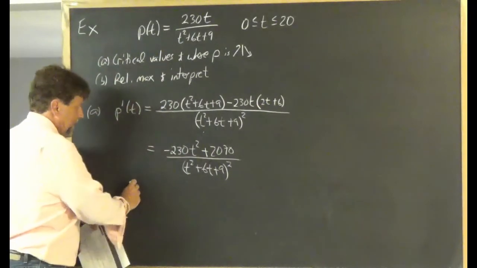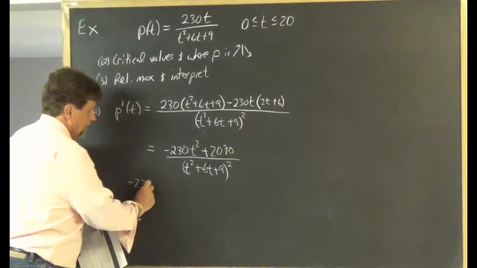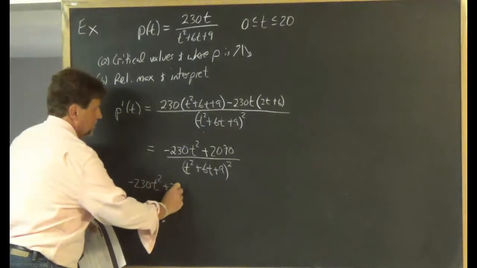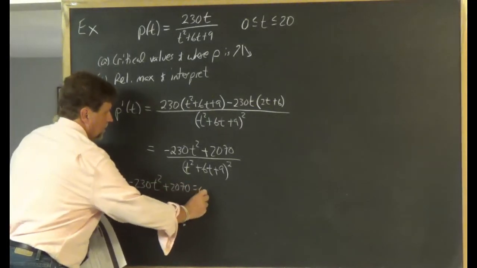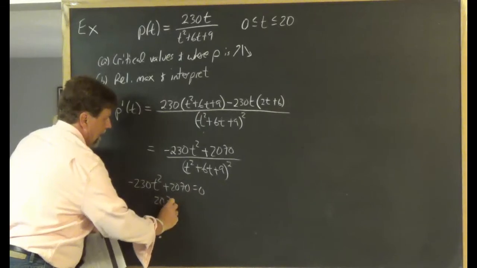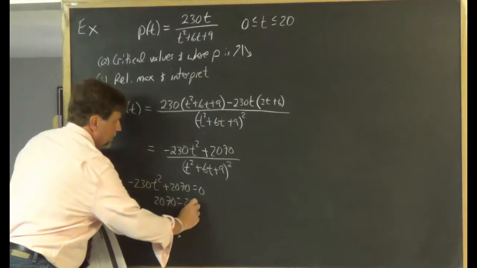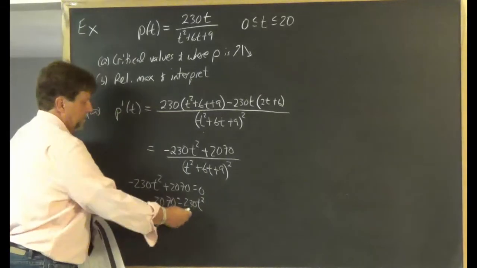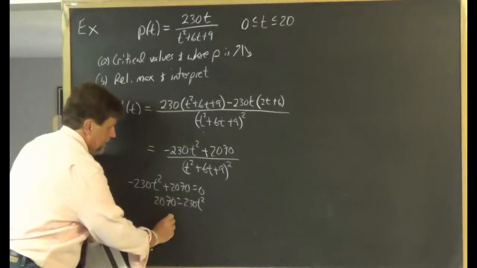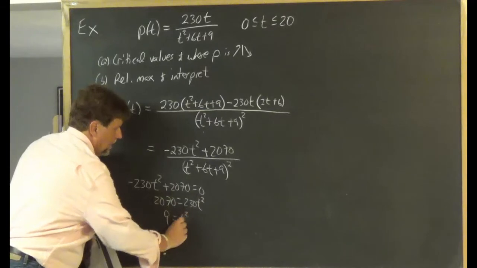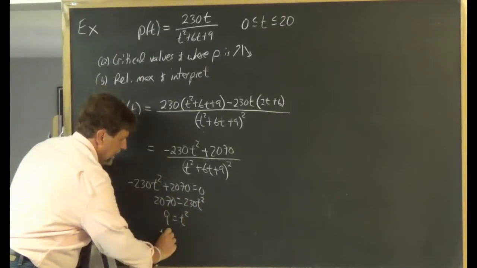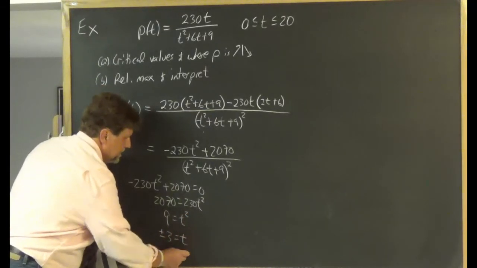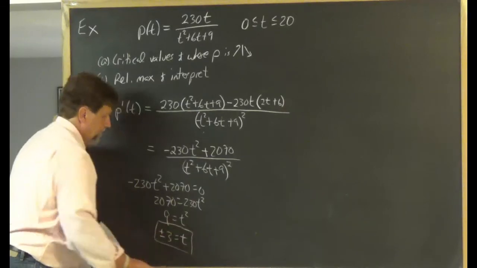Well, where does the numerator equal 0? Well, if I add the 230t squared to both sides of the equation, divide both sides by 230, and then take the square root of both sides, I get t is plus or minus 3.